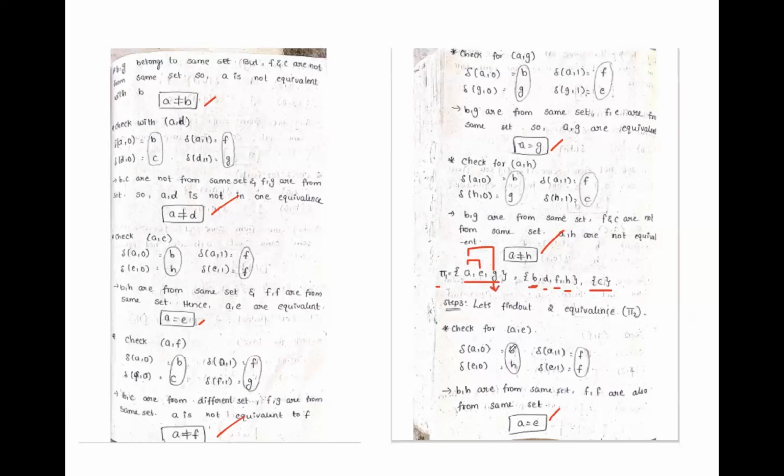So for finding two equivalents, you need to check values in this pi 1 but not in pi naught. Okay, so here in the previous case, B and H both are present in the same set, and as F is identical in both cases, we wrote it as equivalent.